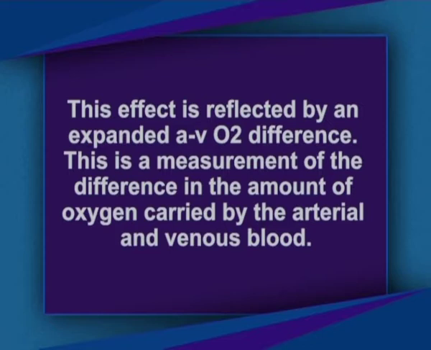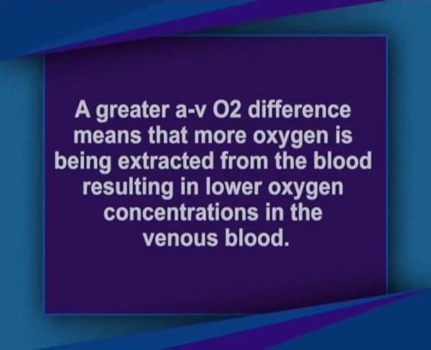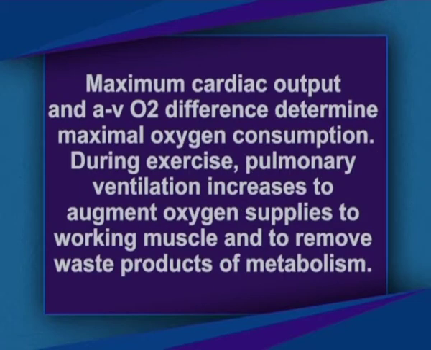This is a measurement of the difference in the amount of oxygen carried by the arterial and venous blood. A greater a-vO2 difference means that more oxygen is being extracted from the blood, resulting in lower oxygen concentrations in the venous blood. Maximum cardiac output and a-vO2 difference determine maximal oxygen consumption.